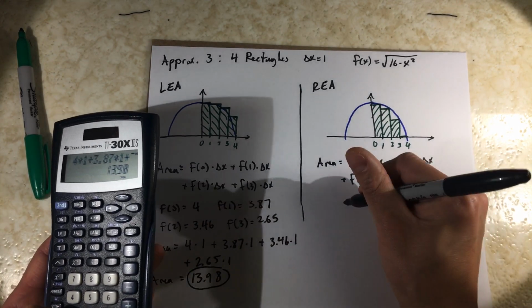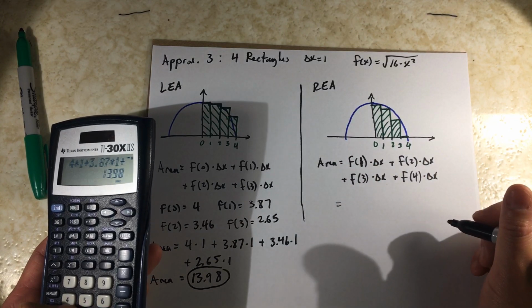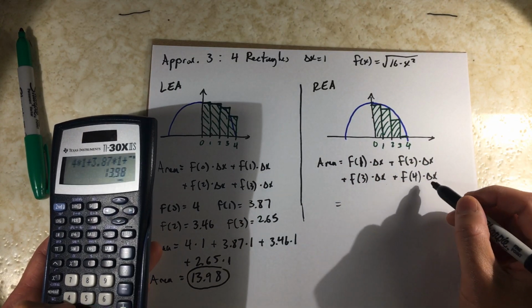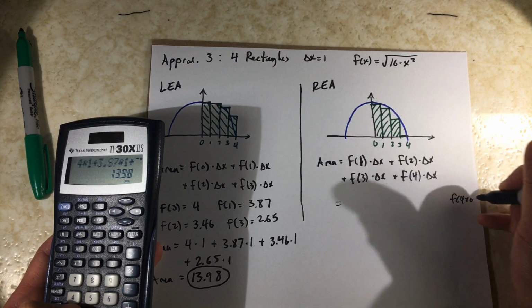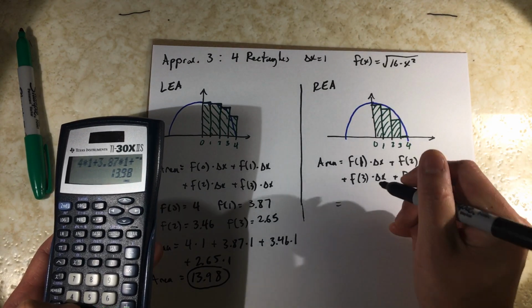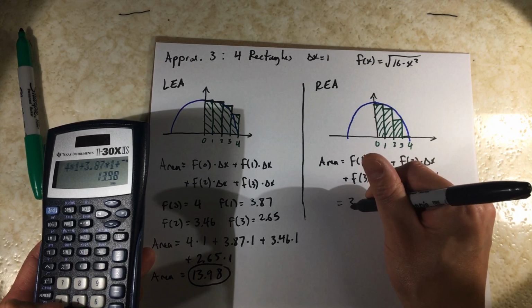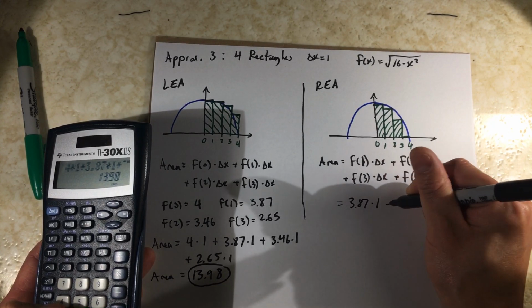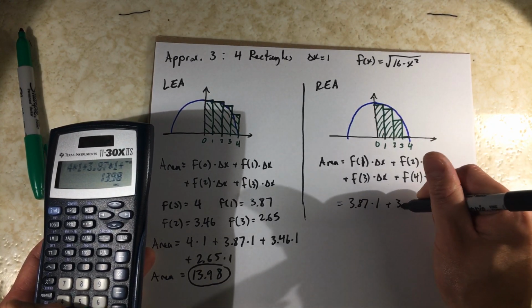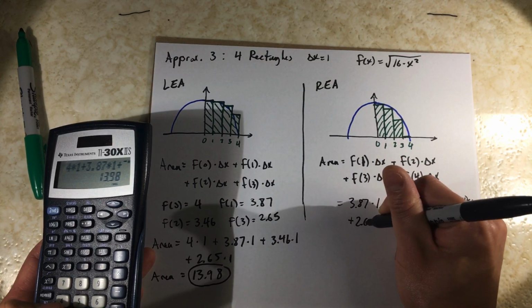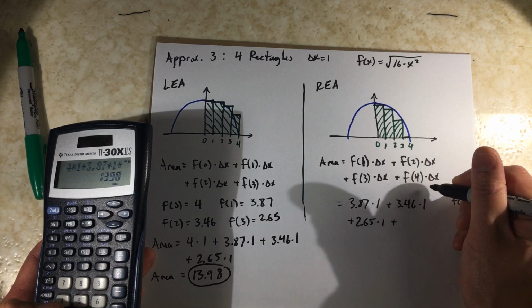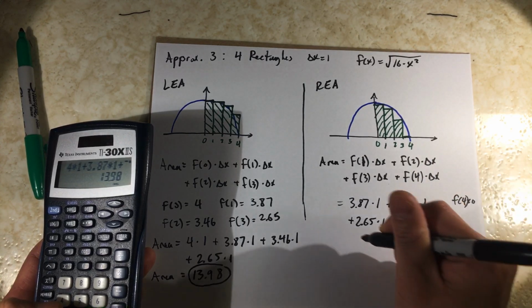Okay. And then this one is the same deal. The only one that we didn't calculate is f of 4, but f of 4 we know is 0. So f of 1 is 3.87 times 1, f of 2 is 3.46 times 1, f of 3 is 2.65 times 1, and f of 4 is 0 times 1.